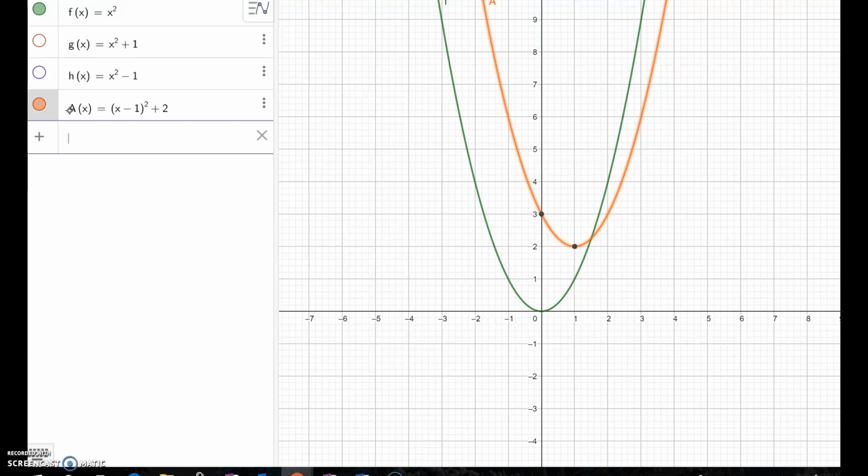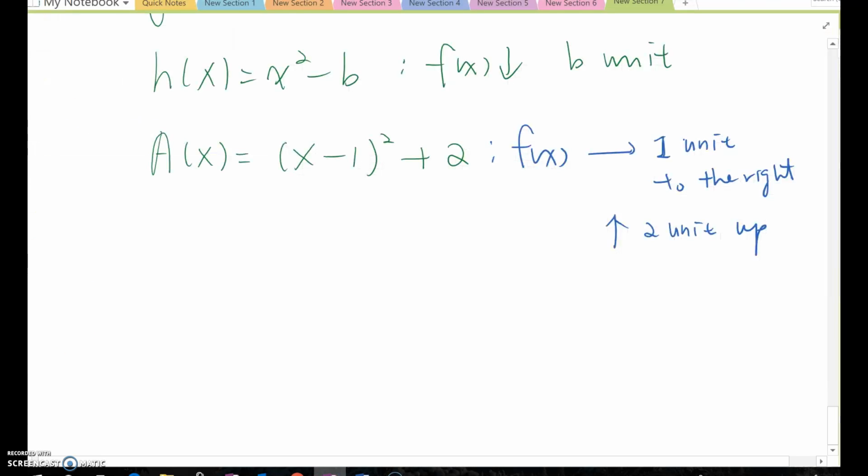You see this? Right 1, up 2. So our conjecture was correct. Just one more. What if I give you b(x) equal to (x plus 2) squared minus 5? Then now we can say this one moves 2 units to the left and down 5, right?